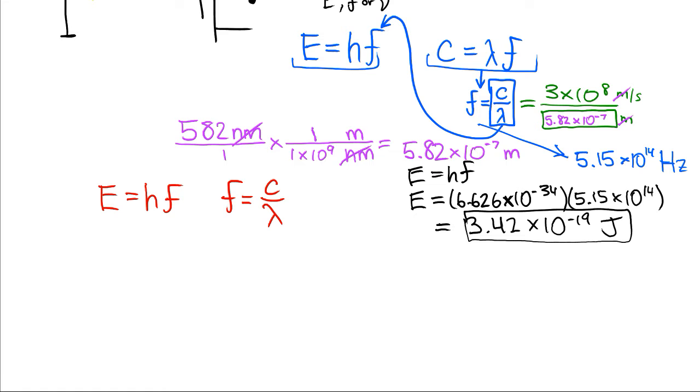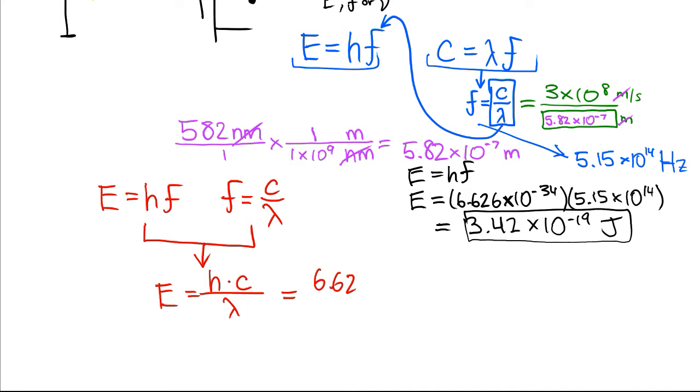You could combine these two equations together to get E equals h times c, which is a constant in itself, divided by lambda. If you were to solve it this way, you have 6.626 times 10 to the negative 34 times the speed of light, which is 3 times 10 to the 8th.